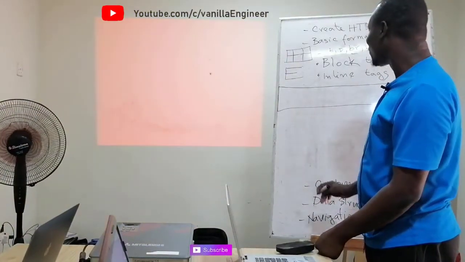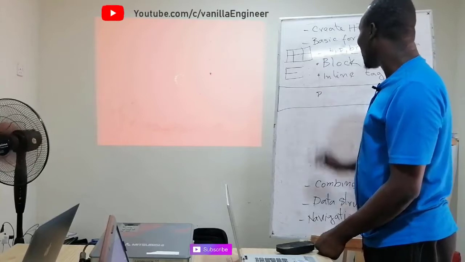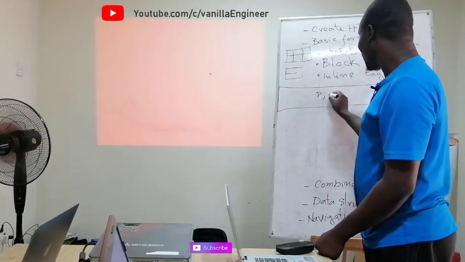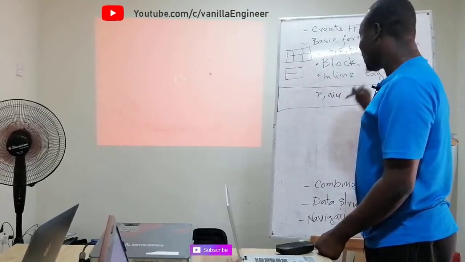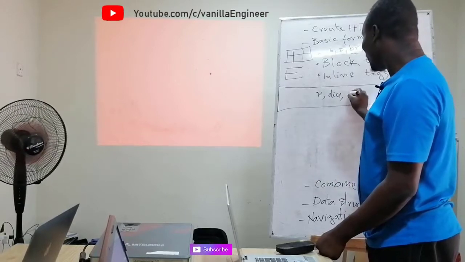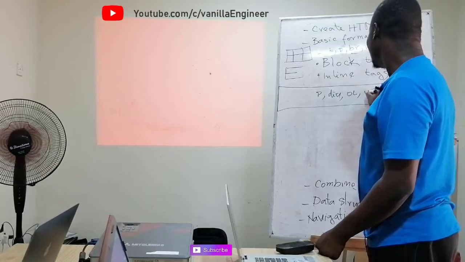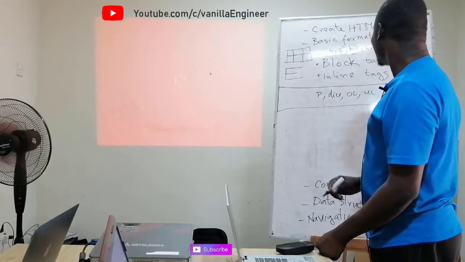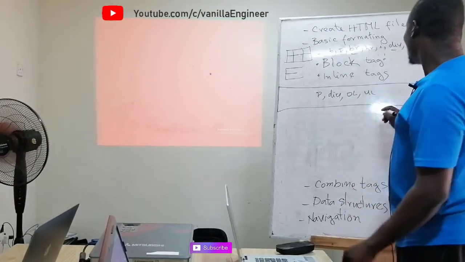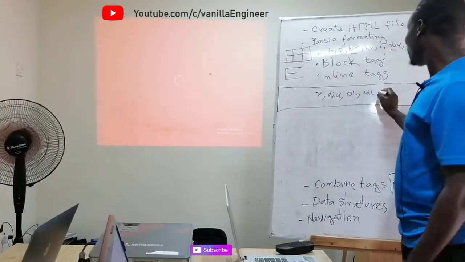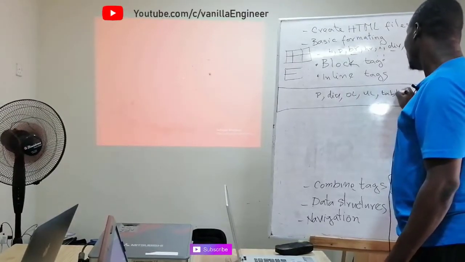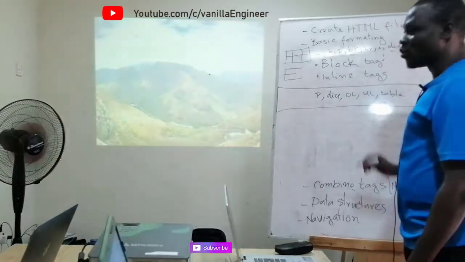The P tag does that, the div tag does that, and all the list tags, ordered list and unordered list, behave the same way. Tables too, they all behave this way.